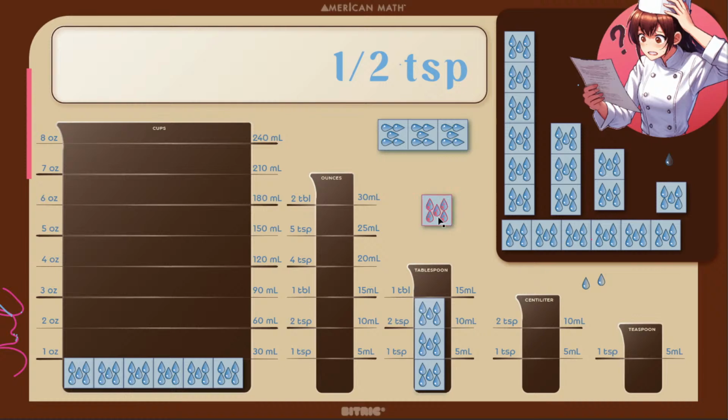But since we're rounding up, it's going to be 3 milliliters. We can leave it in the teaspoon beaker for now. On to the next.